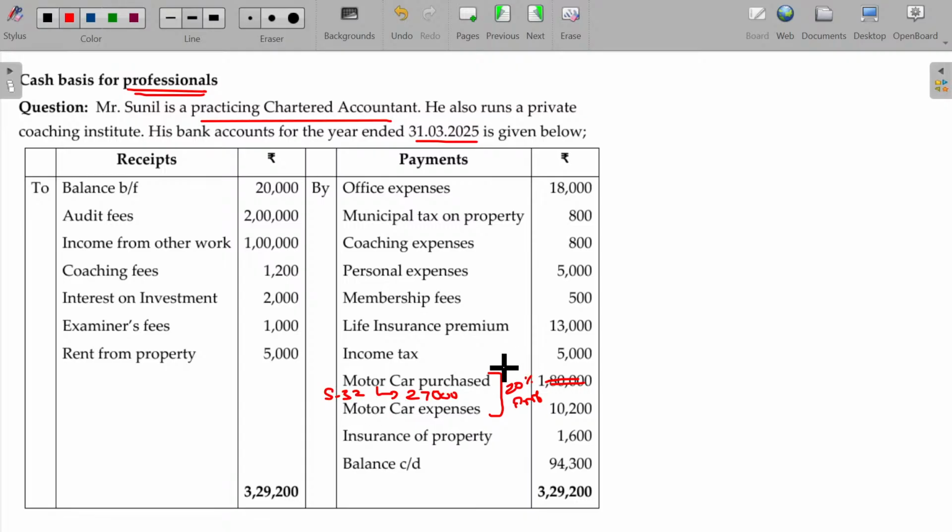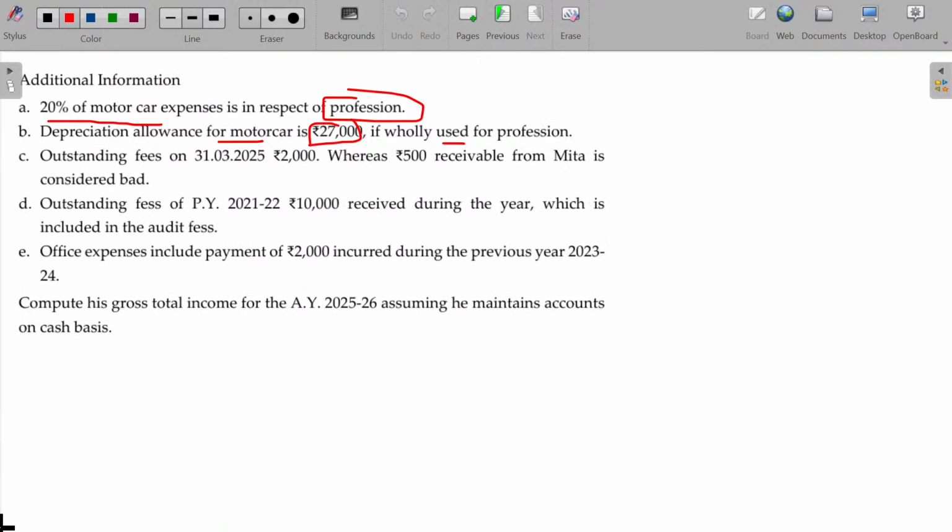But as per Section 38, if the asset is not wholly used for professional or business purposes, only to the extent of usage for the business purpose will be deductible. Out of the total value, only 20% is used for the professional purpose, so you can deduct only 20% of 27,000 rupees. Hope you will now be able to understand.